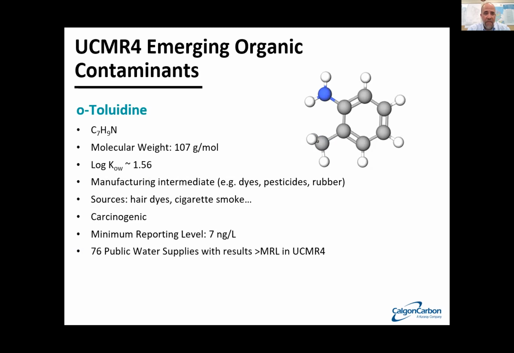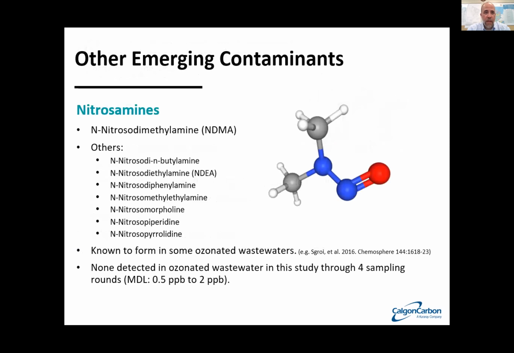It has been positively identified as carcinogenic. Here, the reporting level is 7 parts per trillion, so 7 cowboys, and then 76 detections in the UCMR 4 greater than that minimum reporting level. So all the work that we did here was then evaluated at the reporting level for these 3 compounds versus the reference concentration in the wastewater samples.